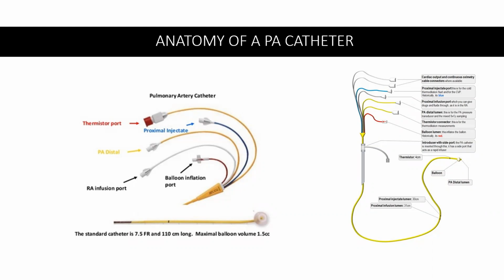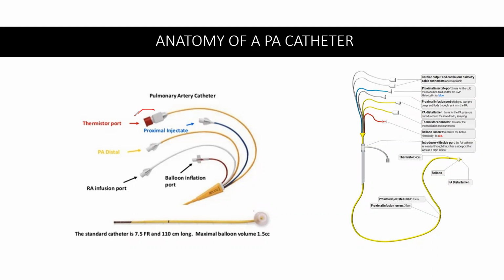So a Swan Ganz catheter, or a right heart catheter, is actually a quadruple lumen catheter. Quadruple means to say that there are 4 basic lumens with a thermodilution sensor.